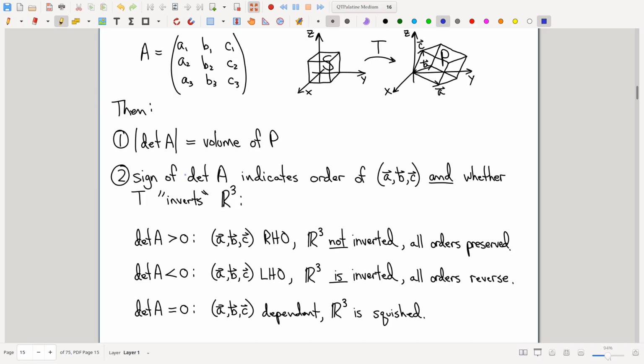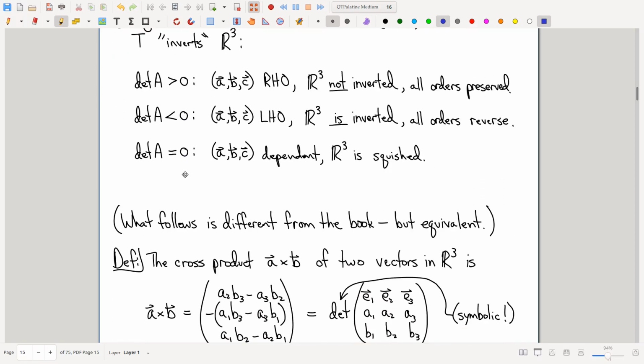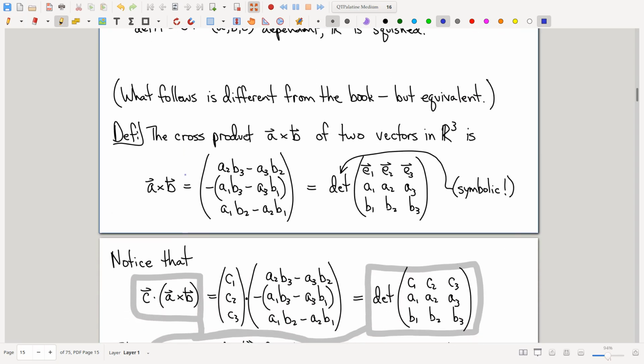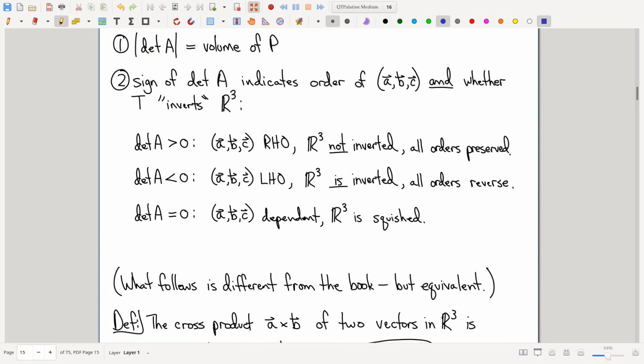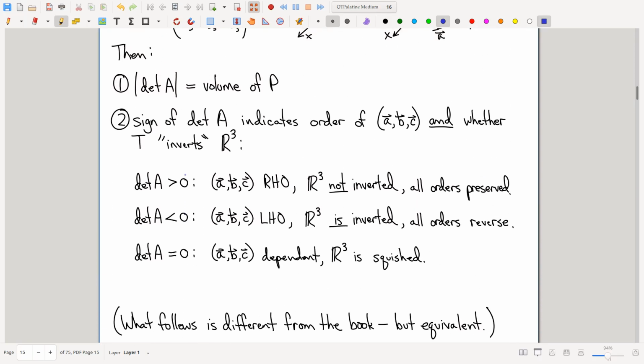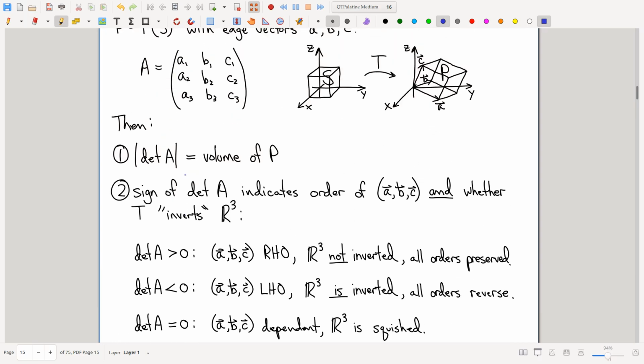All right. So, yeah, go ahead. What do you mean by all orders reversed? Yeah. So orders reversed means that if I had a list of vectors here that are right-handed, their images would be left-handed.